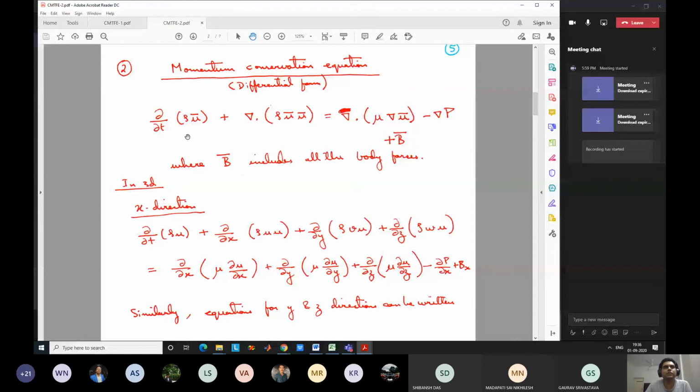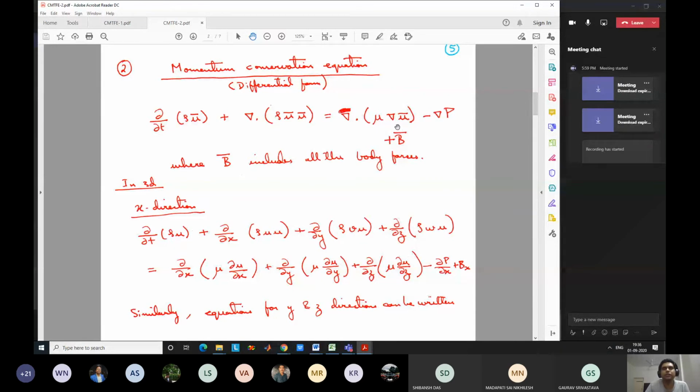So we have 4 terms. The unsteady term, del t of rho u. Then we have a convective term. The second term is known as the convective term, del dot rho u u. Both u's are vectors. Slightly confusing, this is slightly tricky. Then del dot mu del u, gradient of u.